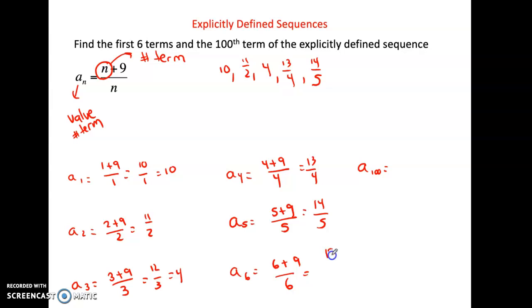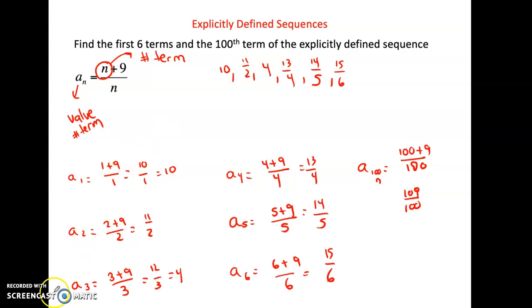And we get 15/6. So you don't have to list this out. I'm just showing you if we had a pattern, this is what the pattern would look like. And a sub 100, you could put any number in there. That's my n value. So we're going to substitute 100 in for n, and we're going to get 109 over 100. And again, you're welcome to keep it like that.